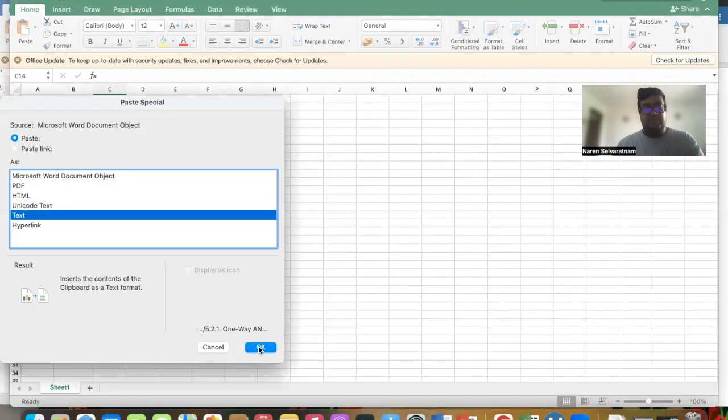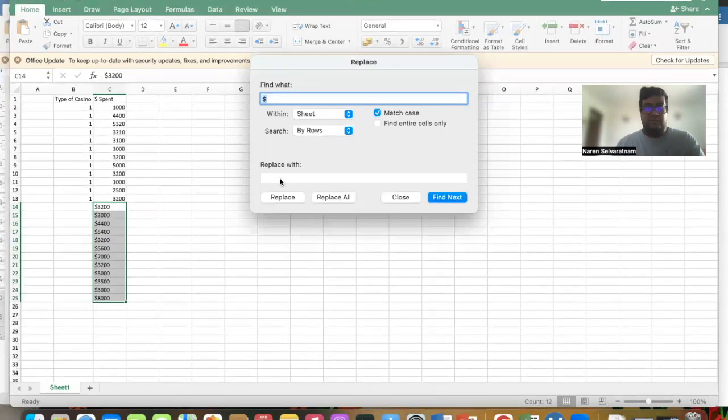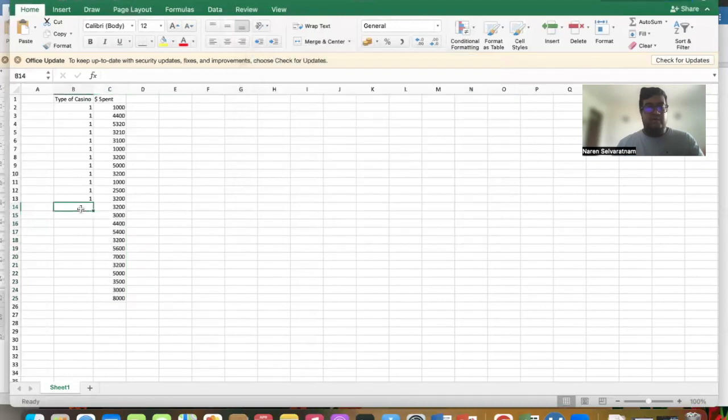Again, same process. The reason why I selected text is because I don't need that formatting, table boxes and all of that. I'm going to replace this as well. Now that is also replaced. And now we are going to name this as 2 because this is the other type of casino, suburban.